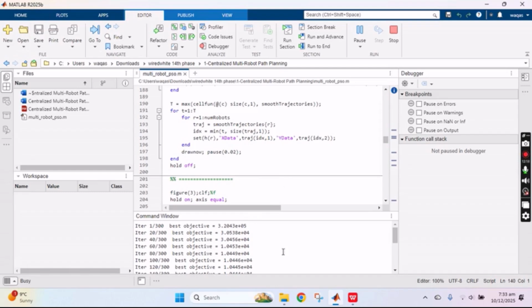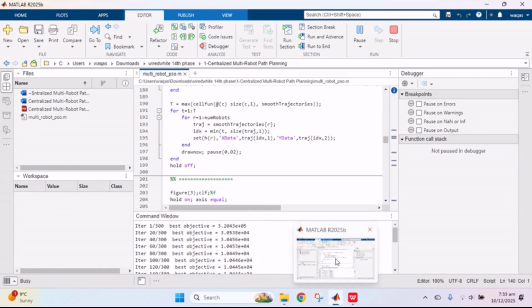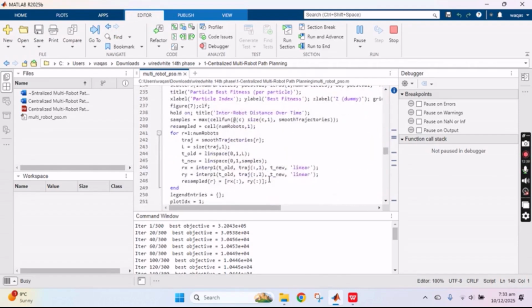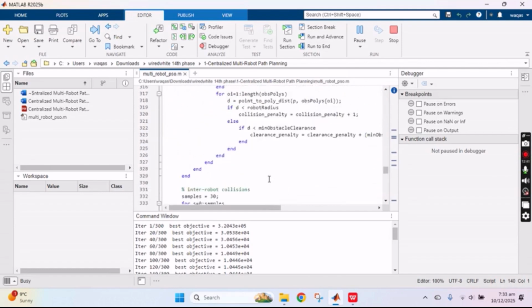Sometimes this MATLAB has issues with running graphics because this is a new version of MATLAB. But in MATLAB 2021, it works fine and shows the results accurately.